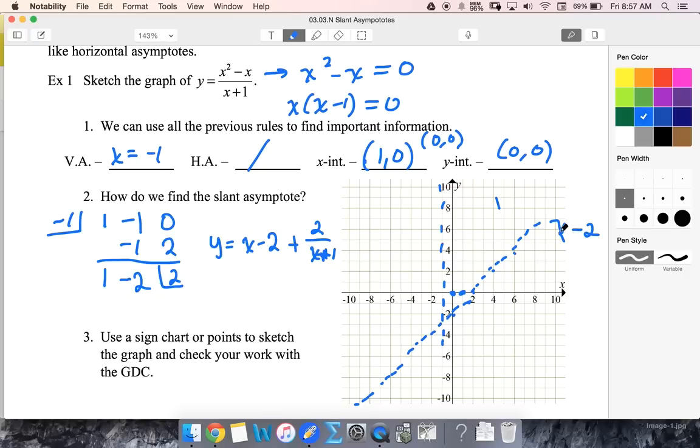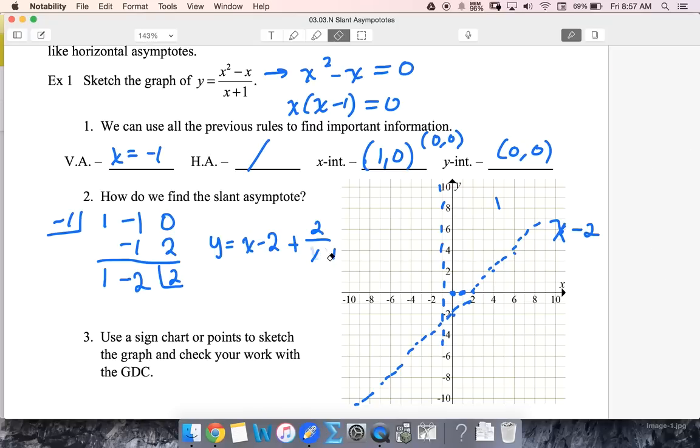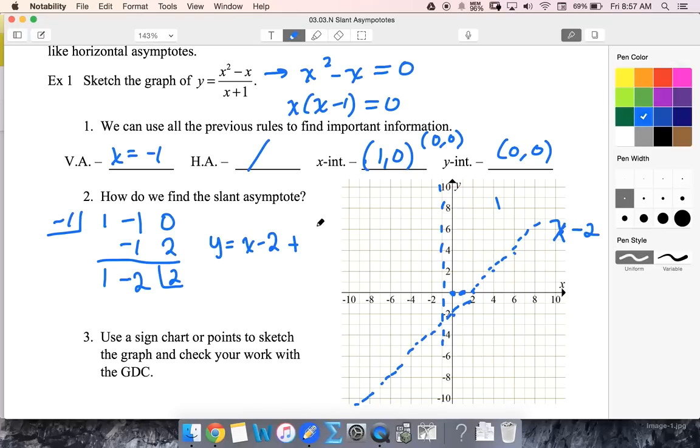So my slant asymptote is this part of my synthetic division. But now the remainder is going to help me think about my behavior towards the asymptotes. So I'm just going to draw that in a little clearer. That's 2 over x plus 1.